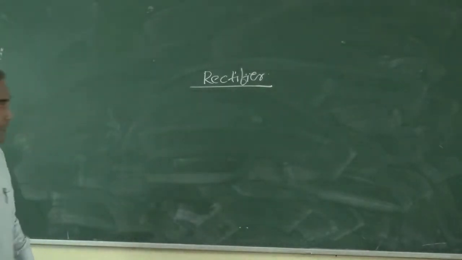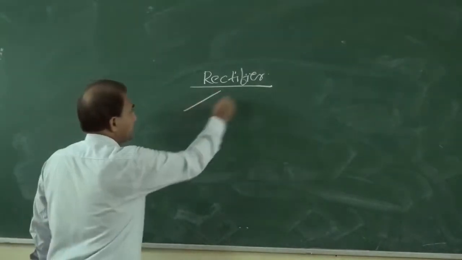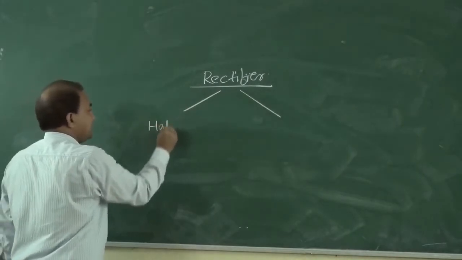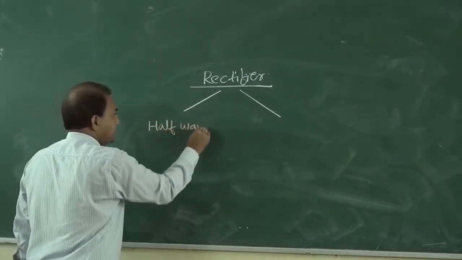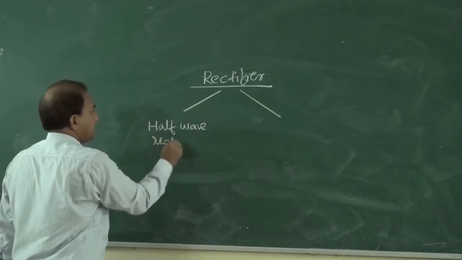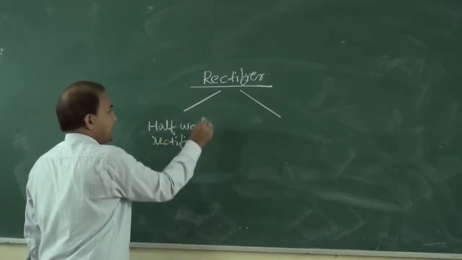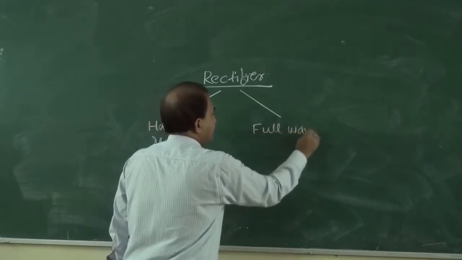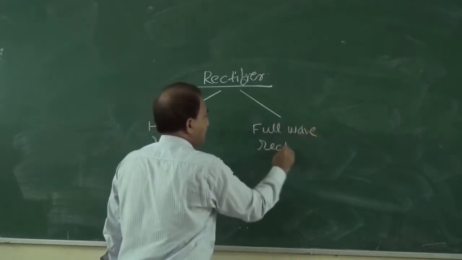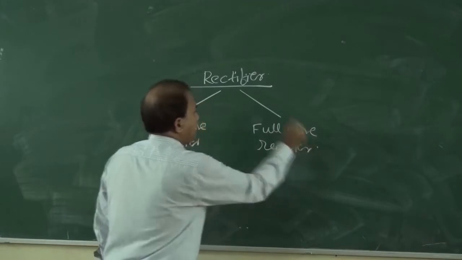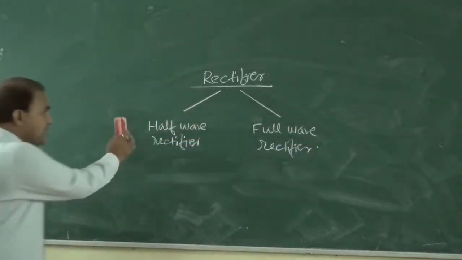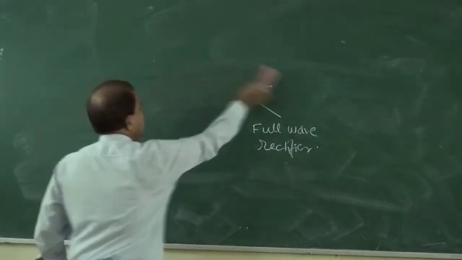We will study two types of rectifier. The first one is the half wave rectifier, and the second one is the full wave rectifier. In this class we will study the half wave rectifier.